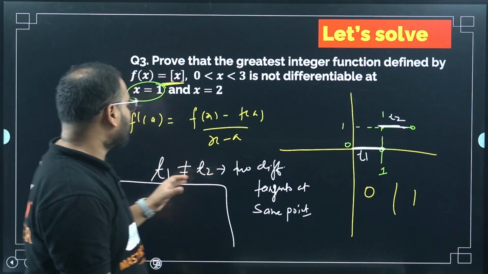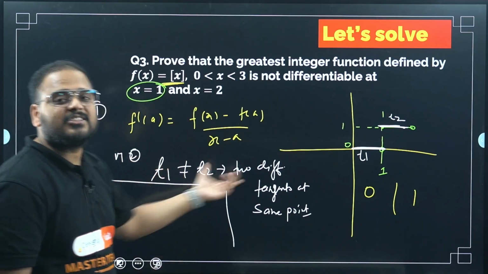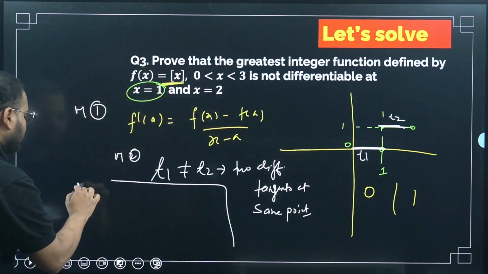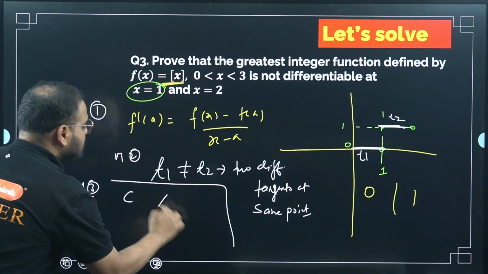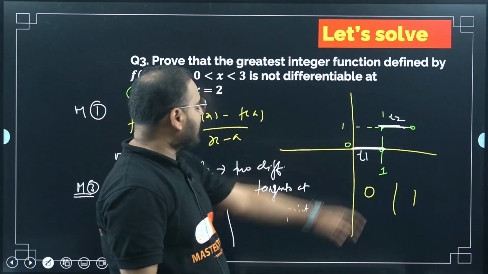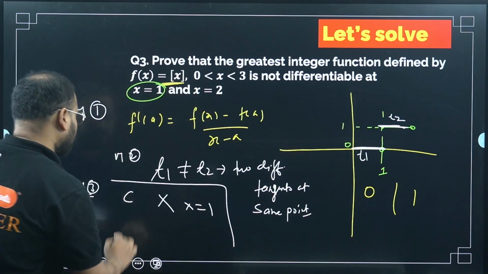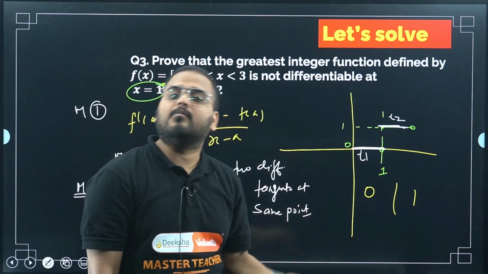Second method is the graphical method: there are two different tangents, that's why not differentiable. Method number 3: the function is not continuous at x equals 1, so obviously it will not be differentiable. If it is not continuous, then differentiability does not come into the picture.